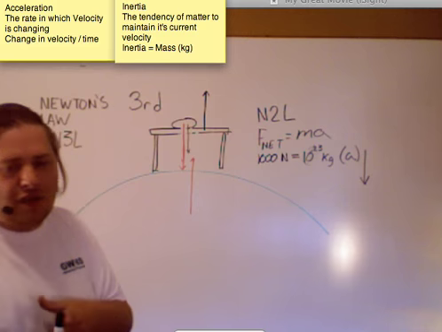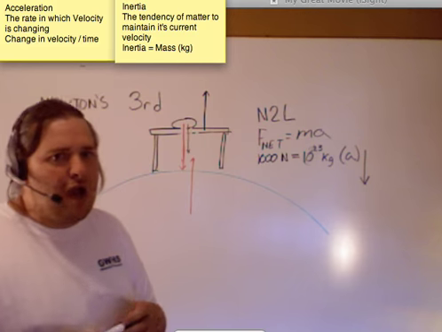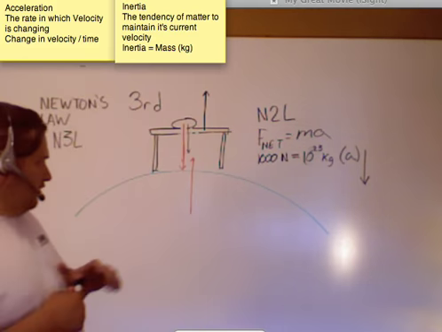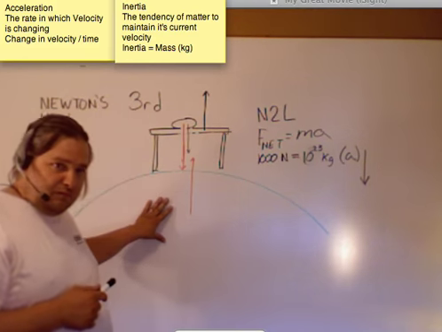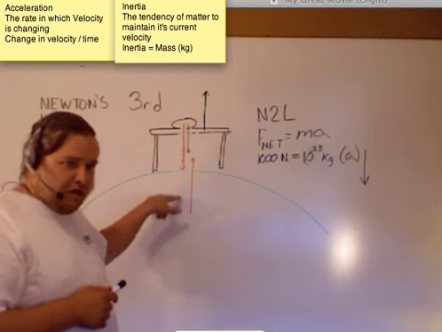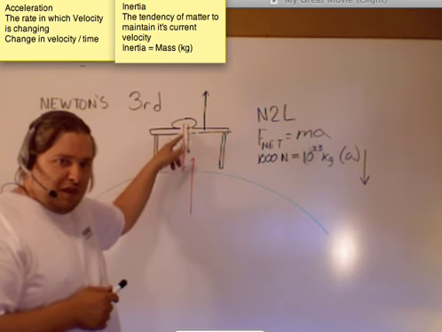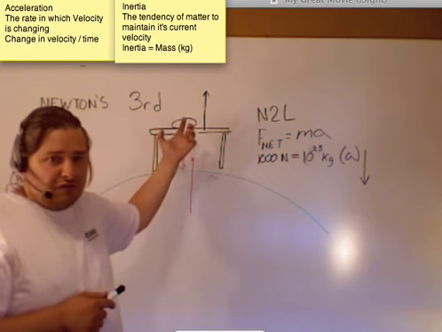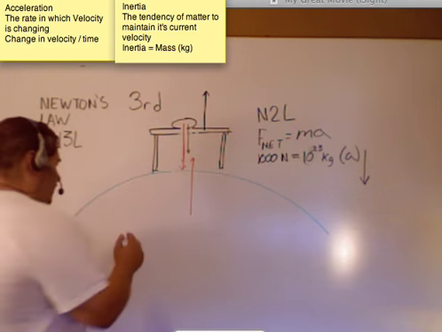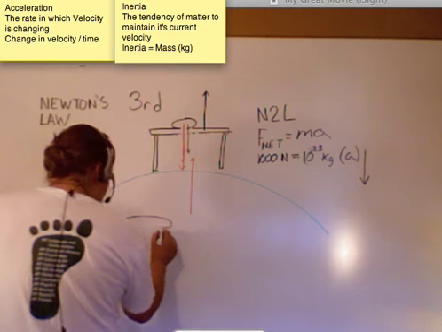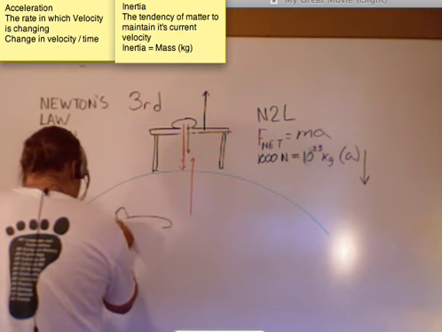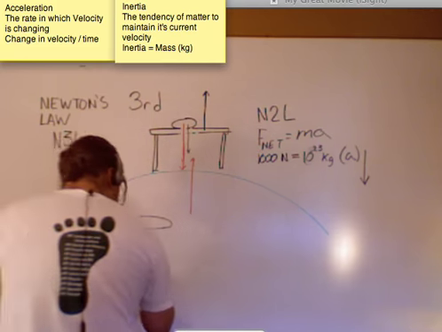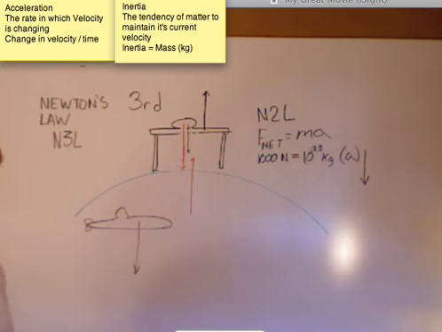It's a brilliant law because there are other things happening with Newton's third law that make things interesting. But rock on earth, earth on rock, rock on table, table on rock. Those are my pairs. If I have a submarine in the water, the submarine is still being pulled by the earth.